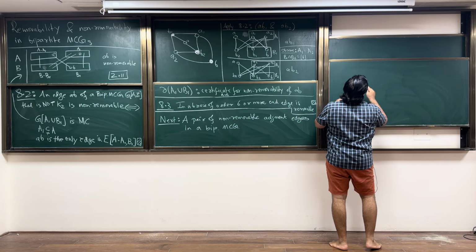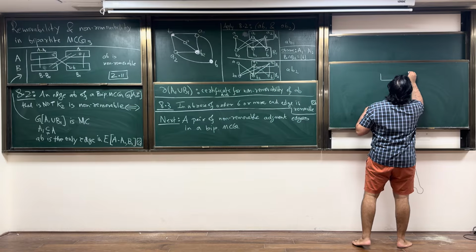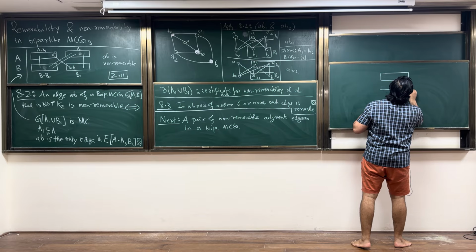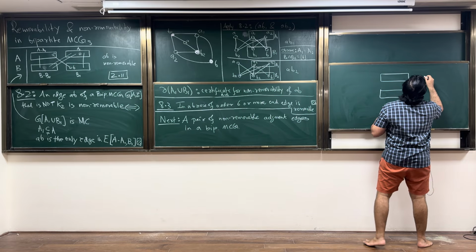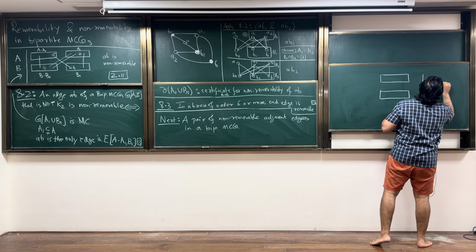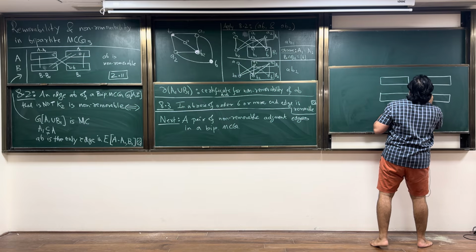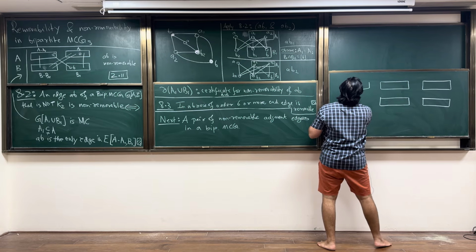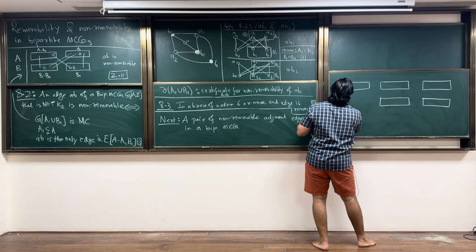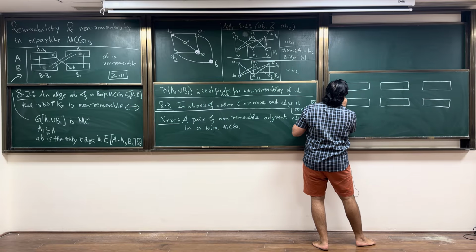Then the drawing would look something like this. I have A1 and B1. I have A2 and B2. And then I have A minus A1 and A2 and B minus B1 and B2.